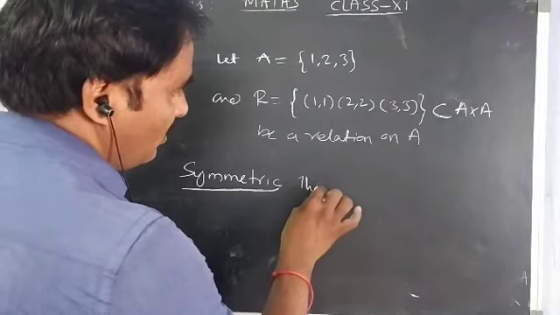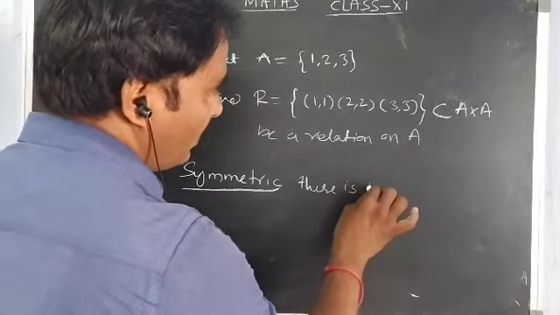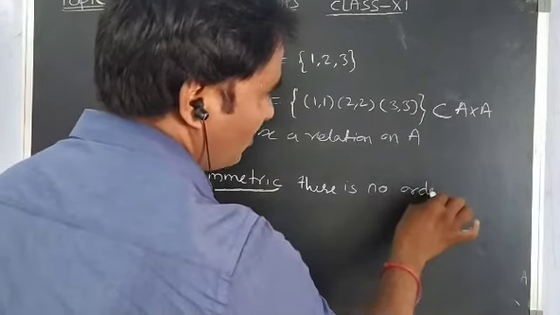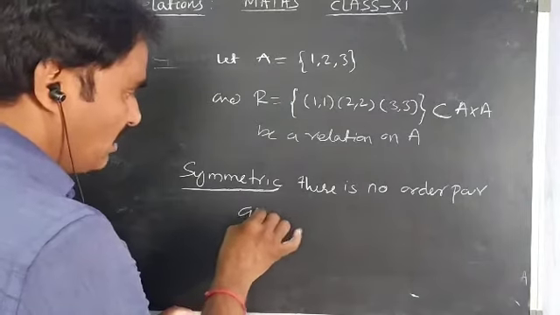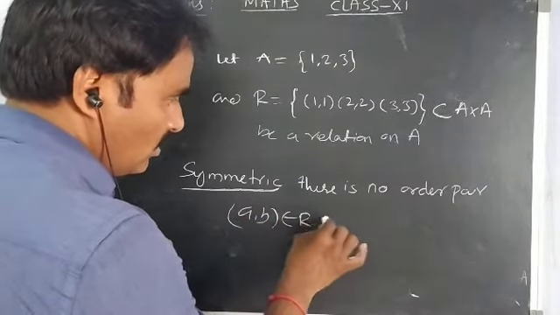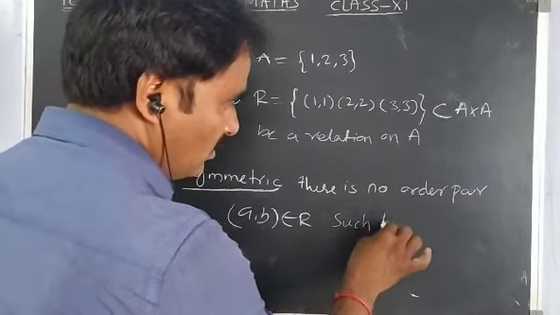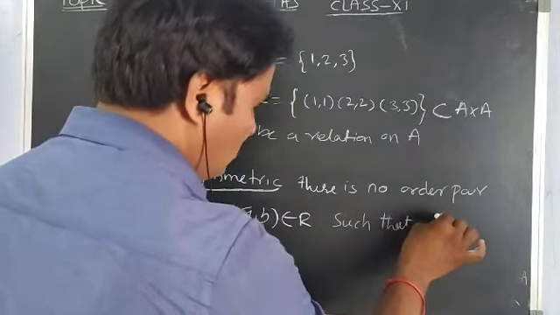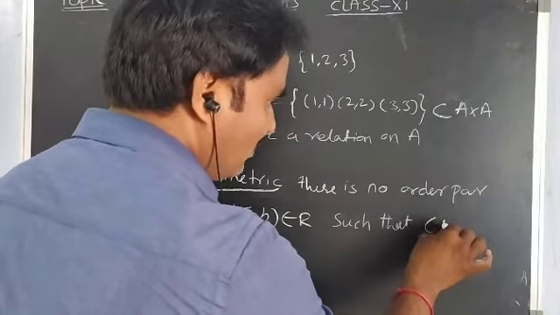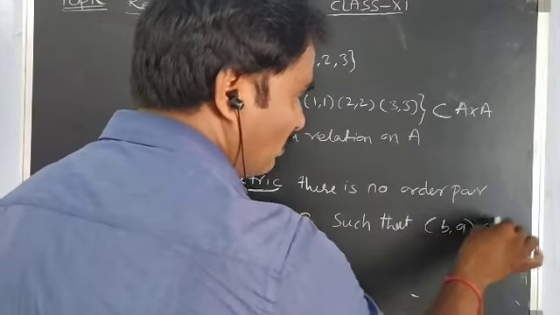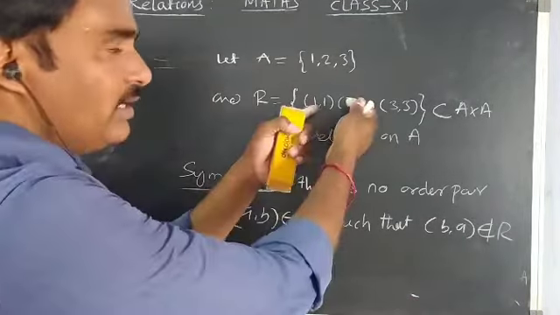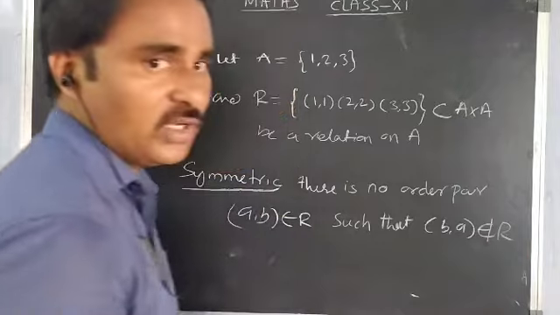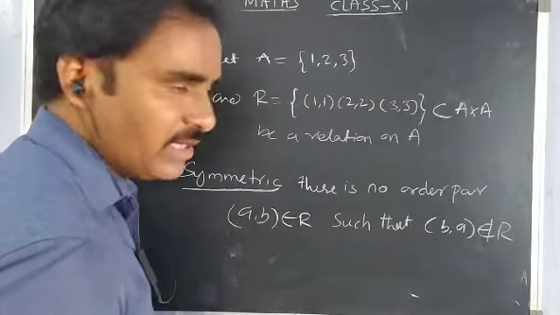There is no ordered pair (a, b) belonging to R such that (b, a) does not belong to R. There is no ordered pair available in R to prove that (b, a) does not belong to R. It is not possible, because such an ordered pair does not exist.